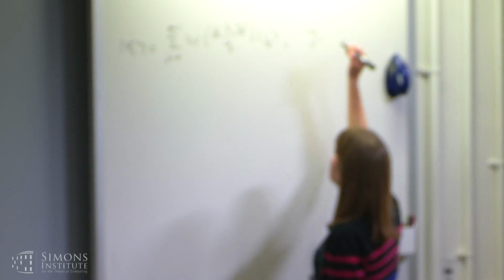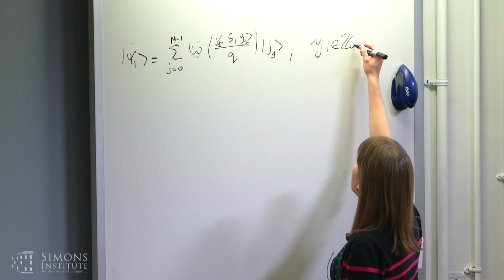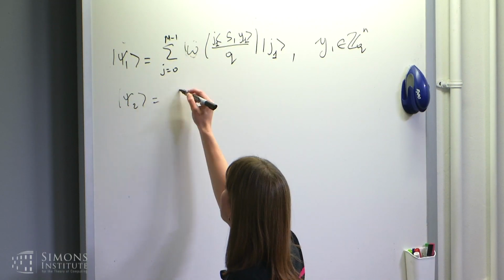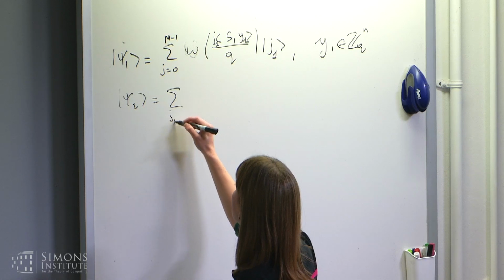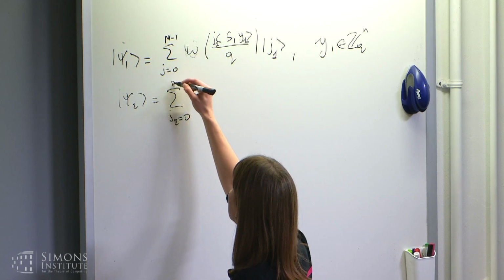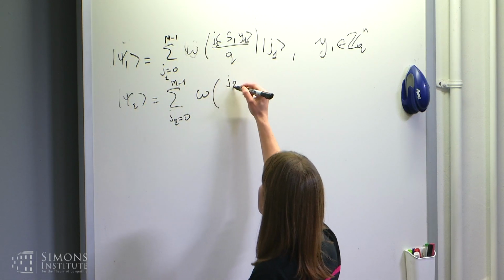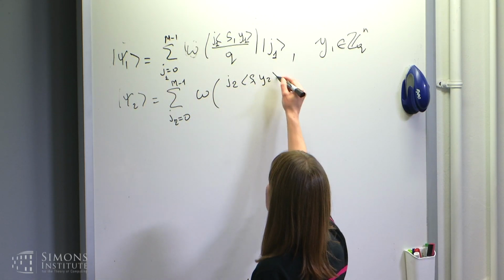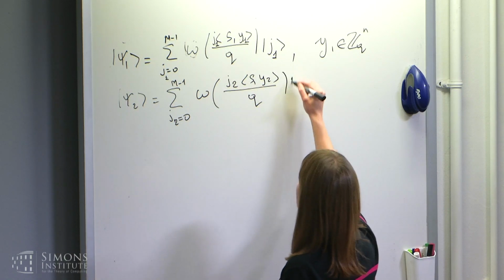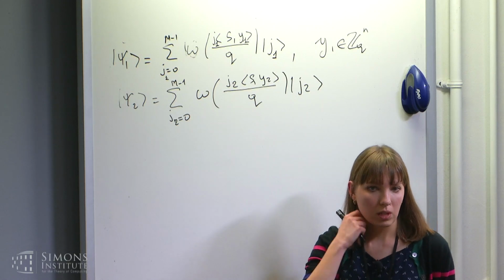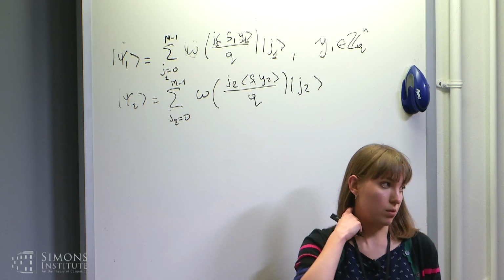And we had y1 classically, and the second one. There is a phase S y2 over Q j2. Let me combine this. Quantumly, what I mean by combine is take a tensor product.